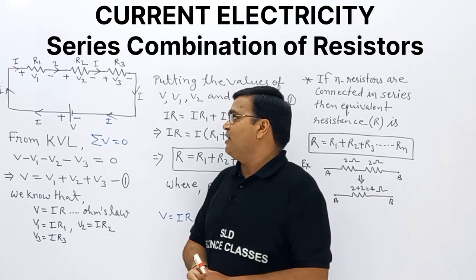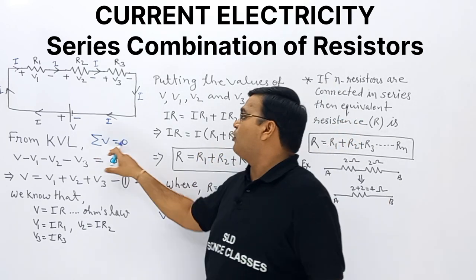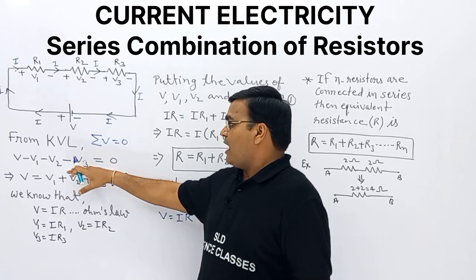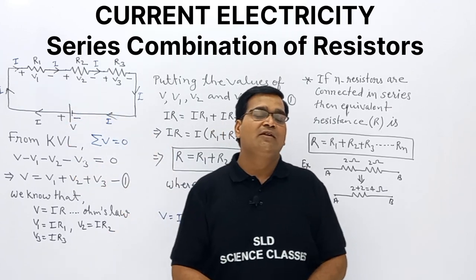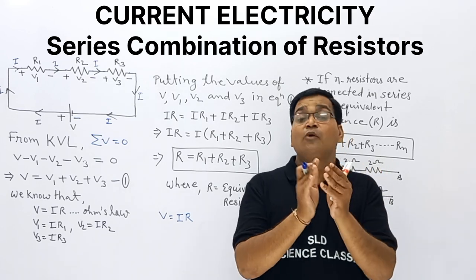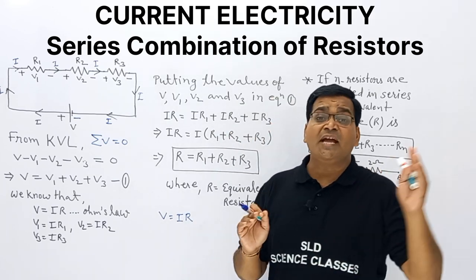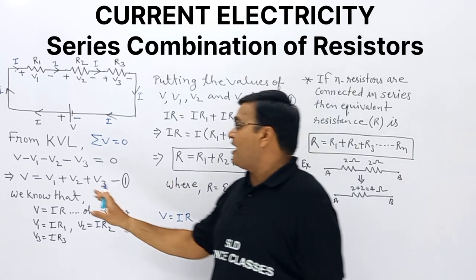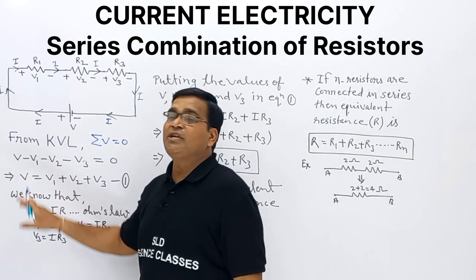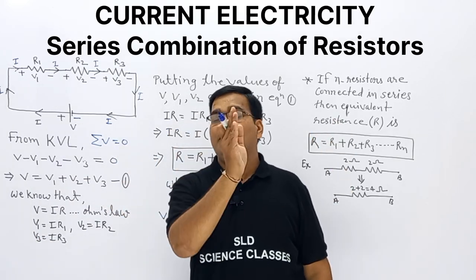Another way we can say it: the sum of voltages in a closed loop equals 0. That is one way. Another way we can write the Kirchhoff's voltage law equation is that voltage rise must be equal to voltage drop. On one side we take voltage rise. Voltage rise means increasing voltage, rising means minus to plus.